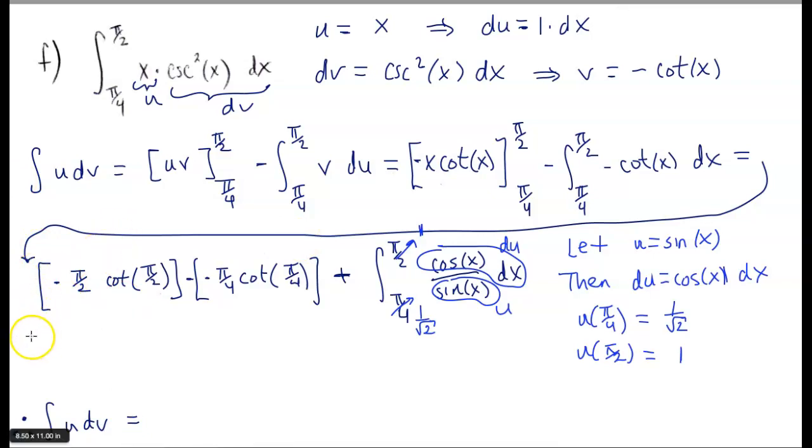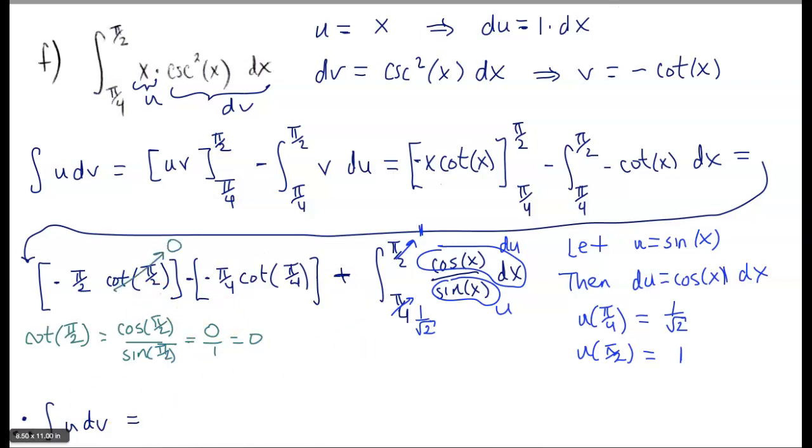So we know cotangent of pi over 2 is just cosine of pi over 2 over sine of pi over 2. And here, cosine of pi over 2 is just 0. So it doesn't really matter what this is, but we know sine of pi over 2 is just 1. So all of this just ends up being 0.